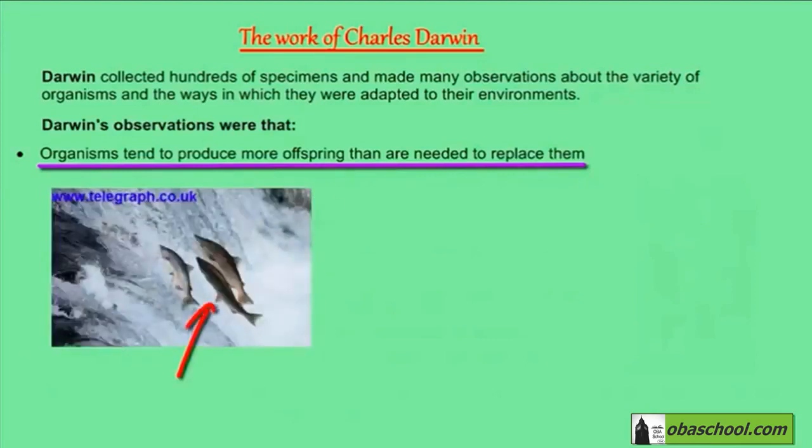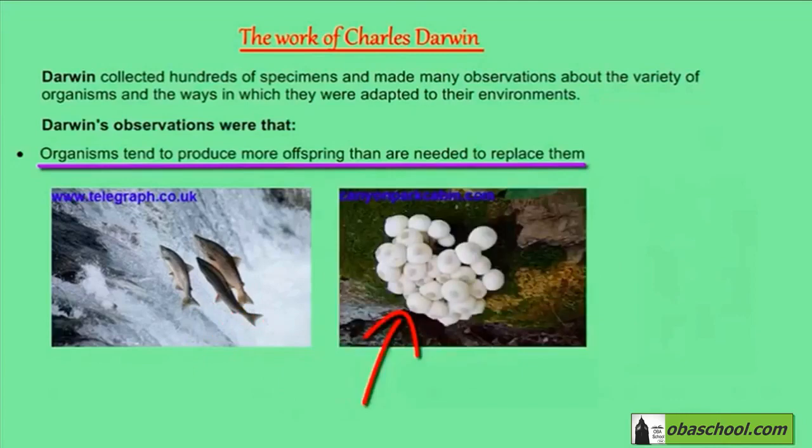For example, a single female salmon can release 5 million eggs per year. Also, a type of giant fungus can produce 40 million spores, which will later develop into giant fungus. So Darwin observed that these organisms are producing high quantities of offspring.